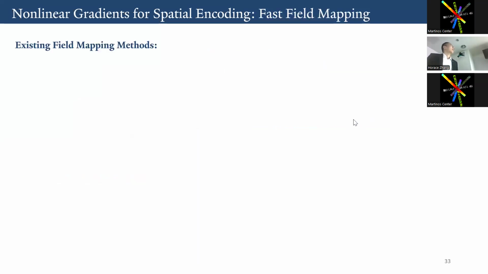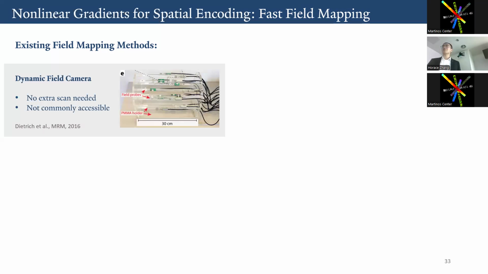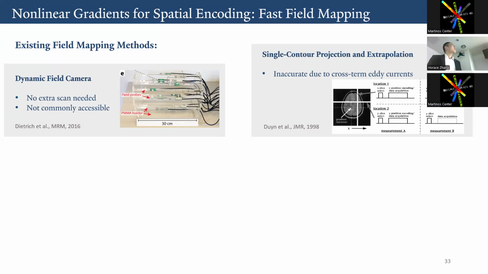So first, I would like to start with a very brief introduction to the existing field mapping methods. The most intuitive one is, of course, the dynamic field camera. No extra scan needed, but it's not commonly accessible. A very typical way, single contour projection and extrapolation, was invented by Zhang, by recording the dynamic phase trajectory of one contour and extrapolating it to the whole field of view.